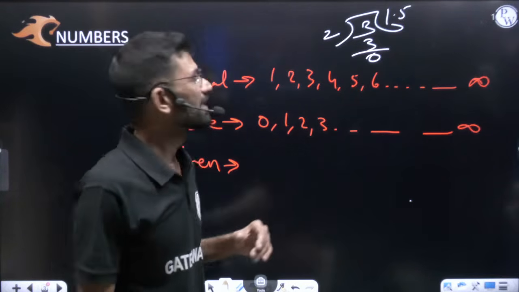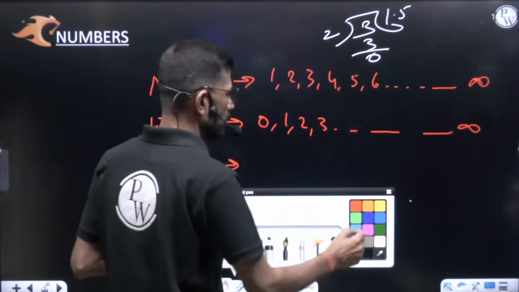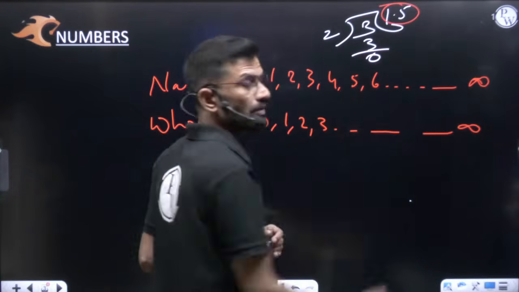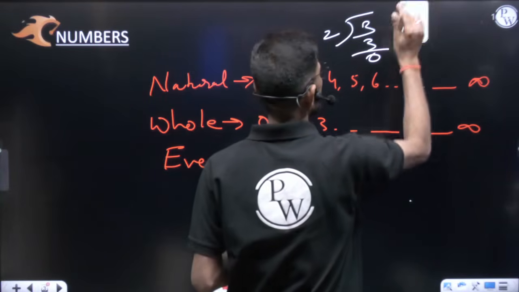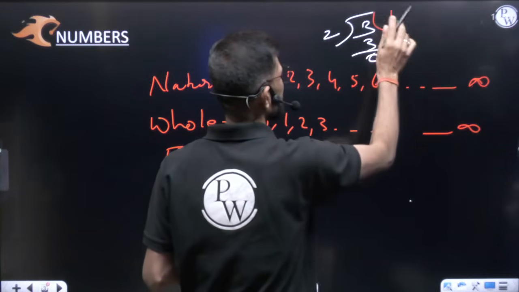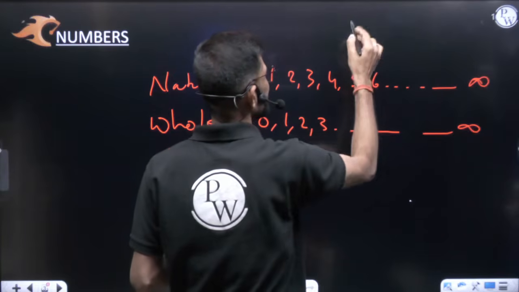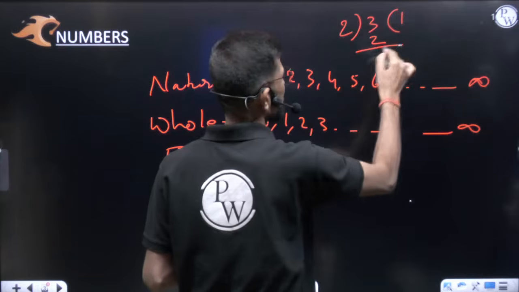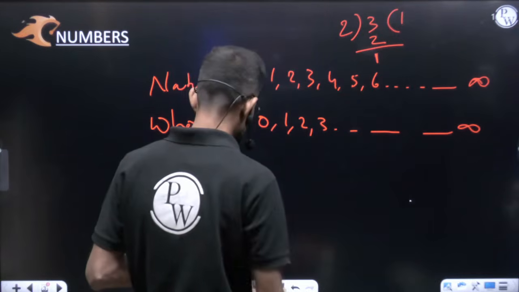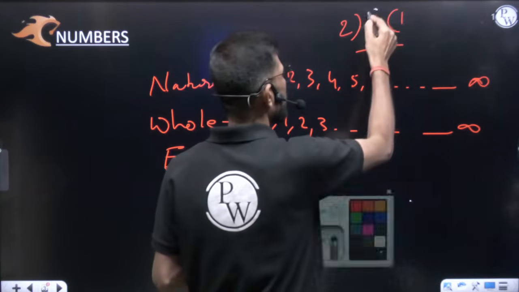No, not like that. The quotient should not be any decimal or fraction. The quotient should be a whole number. So any number which when divided by 2 leaves the remainder 1 is called an odd number.